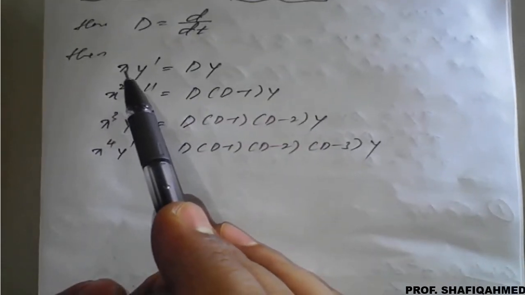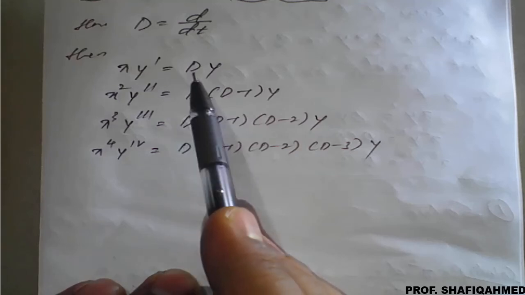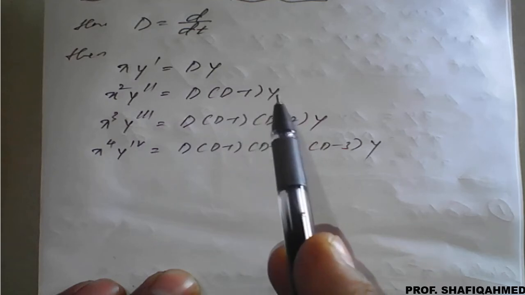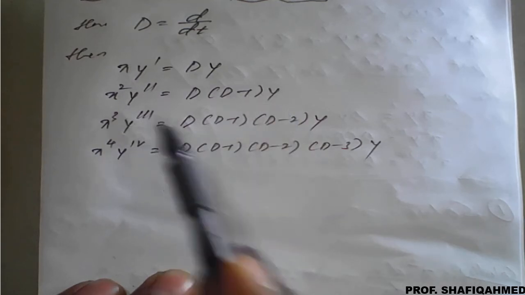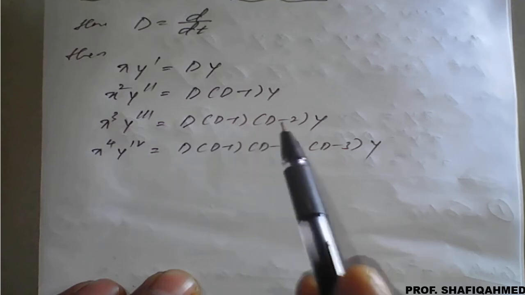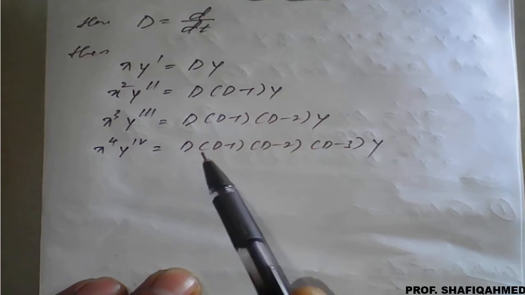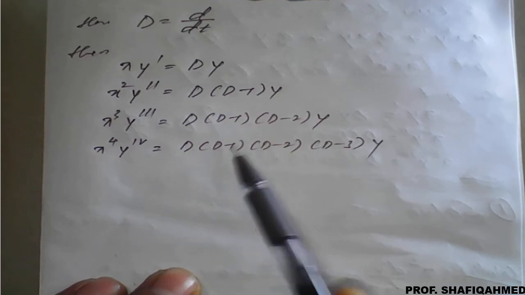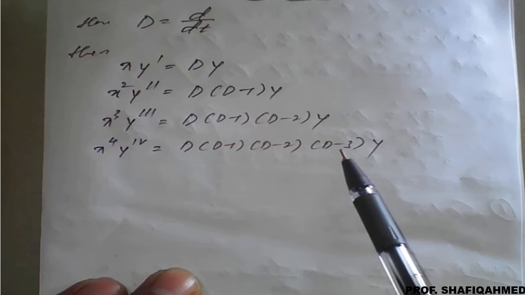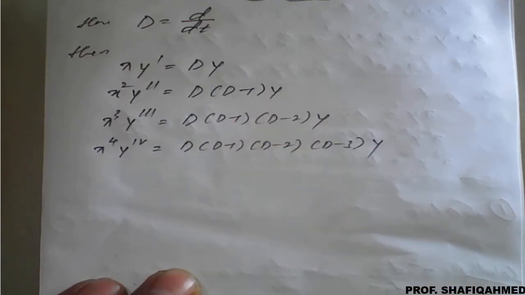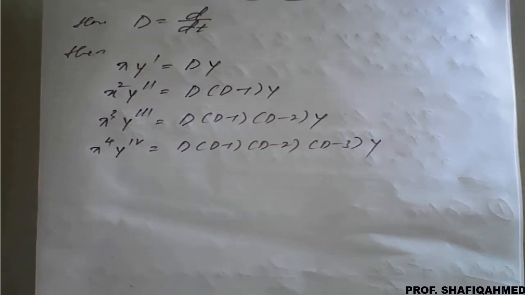So x y' is replaced by D y, x^2 y'' is replaced by D(D-1) y, x^3 y''' is replaced by D(D-1)(D-2) y, and x^4 y'''' is replaced by D(D-1)(D-2)(D-3) y. So these are the substitutions for Cauchy's. Based on these Legendre and Cauchy's linear equations, we are going to solve the examples, which are very important from the examination point of view.